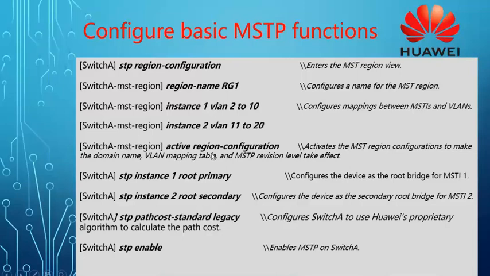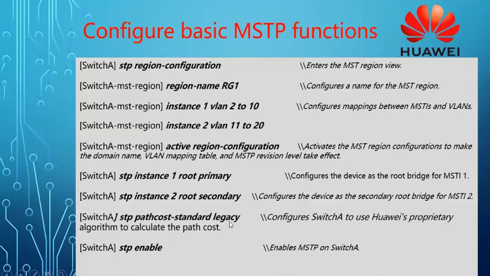After that, we can choose which switches will be the root primary or root secondary, and the command will be stp instance 1 root primary. For instance 1, the same switch can be a secondary root for instance 2, and so on, without forgetting to specify the STP path cost for legacy.